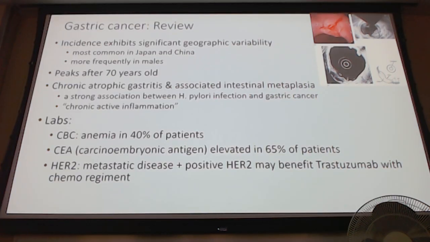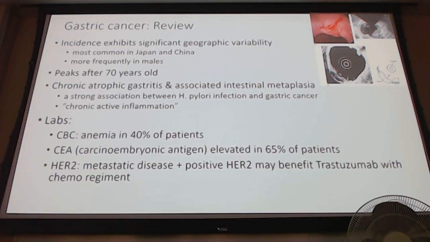Okay, but labs. What are we going to see? We can do a CBC. We're going to see anemia in about 40% of patients. CEA, carcinoembryonic antigen, is elevated in about 65% of patients. Something new is we can actually look for HER2, which is historically a breast cancer type of marker.